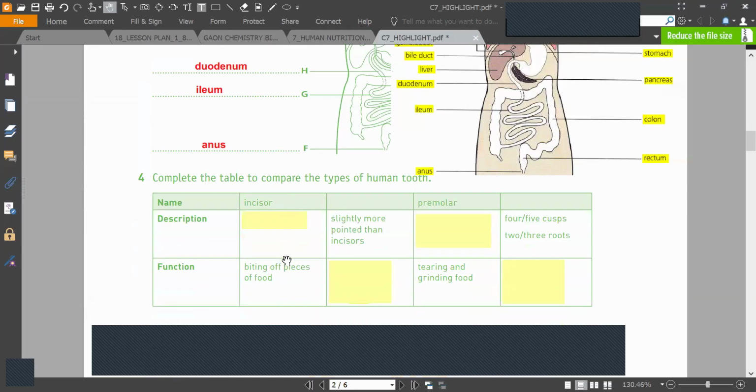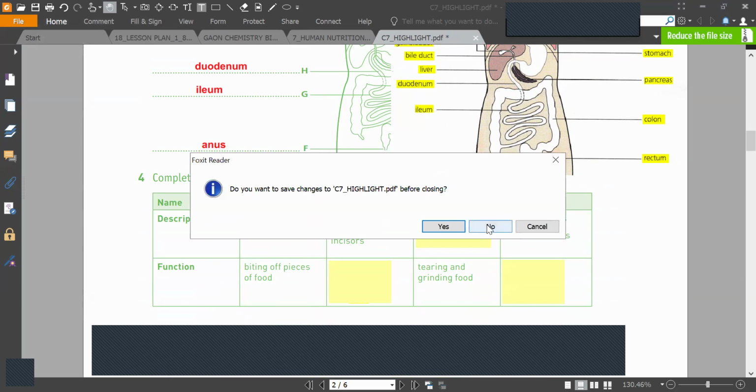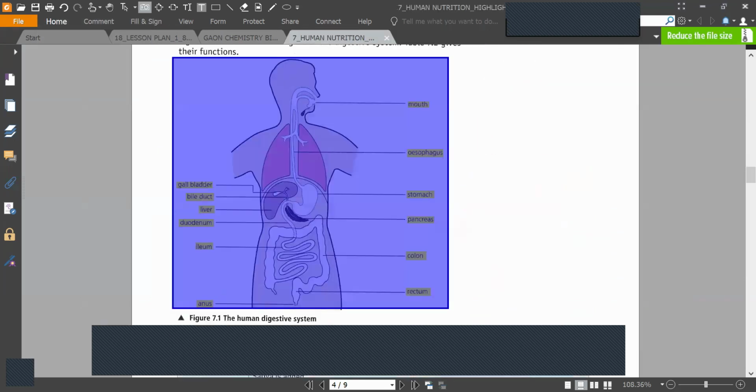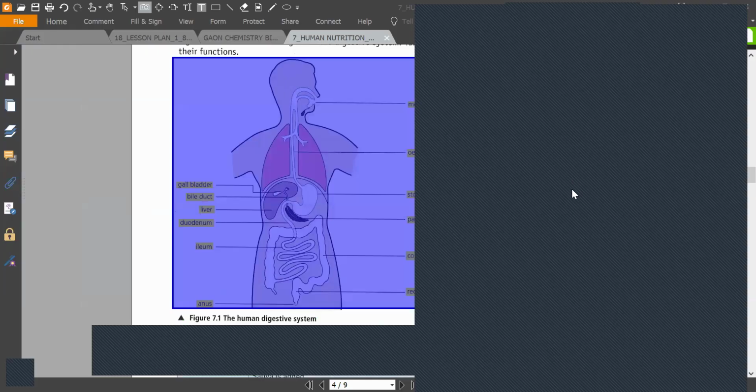Next, complete the table to compare the types of human tooth. Let me open it again.